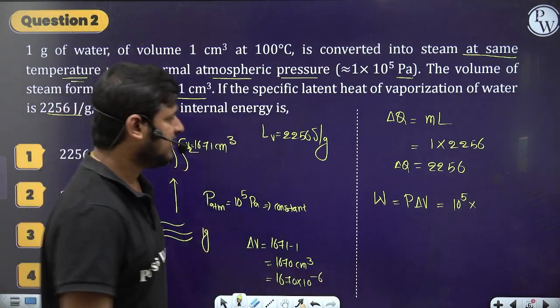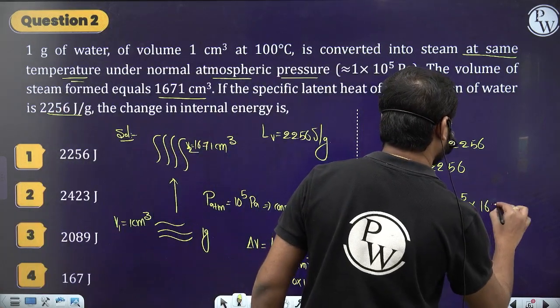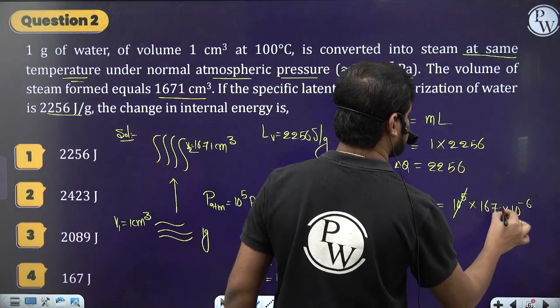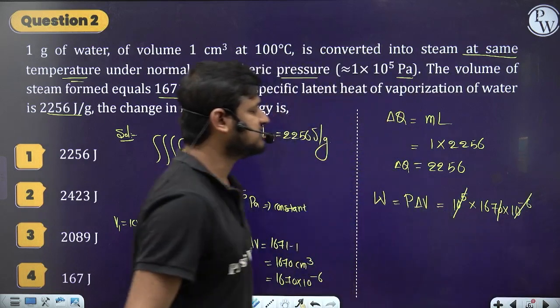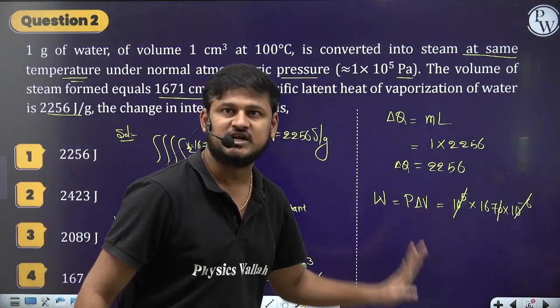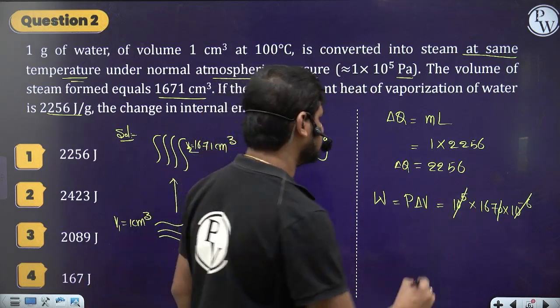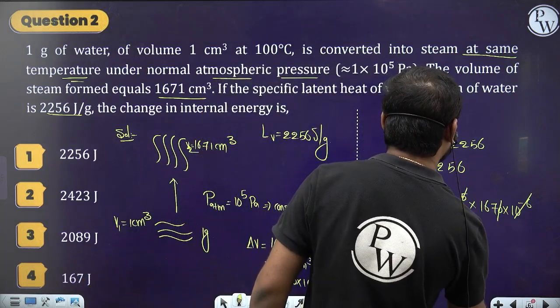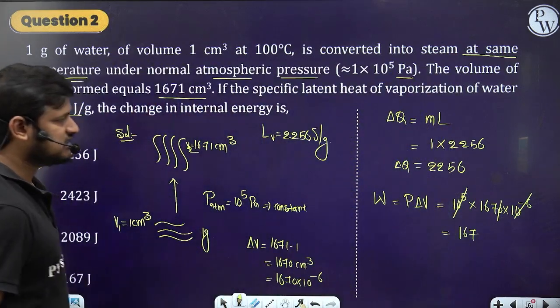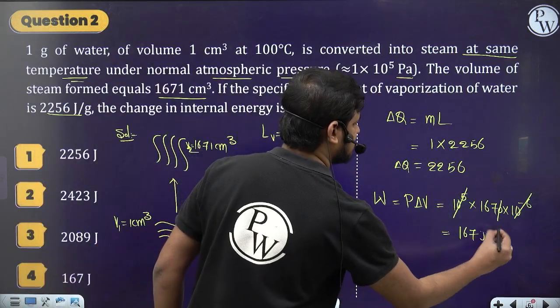So here 0, here 0, 10 to the power minus 6 gets cancelled. 10 to the power 5 into 10 is 10 to the power 6, and 10 to the power minus 6 gets cancelled. So we got the work done is equal to 167 joules. So this is also in joules.